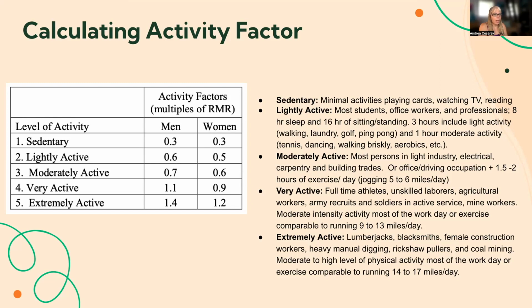Then very active are the full-time athletes, laborers, agricultural workers, army recruits, soldiers, with moderate intense activity most of the workday, or somebody exercising comparable to running 9 to 13 miles a day. And then the extremely active have a moderate to high level of physical activity most days of the week, or exercise comparable to running 14 to 17 miles a day.